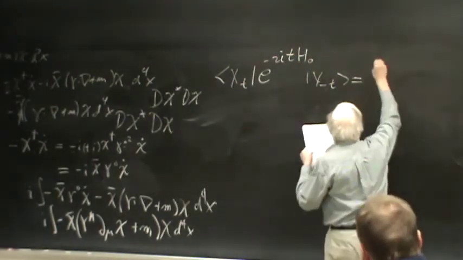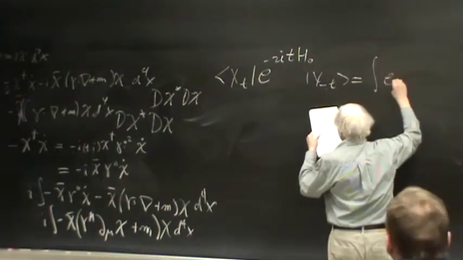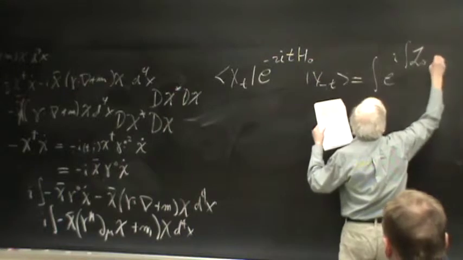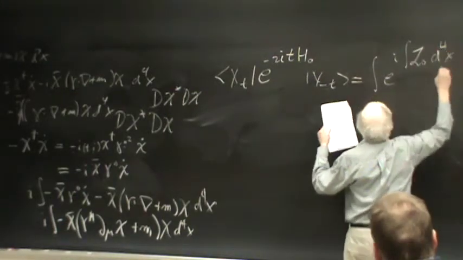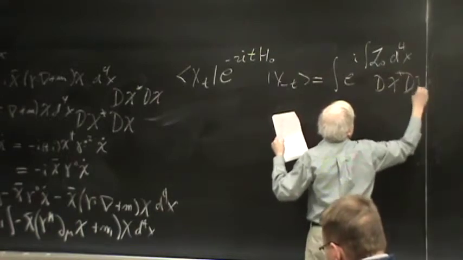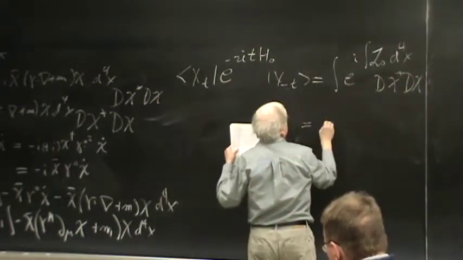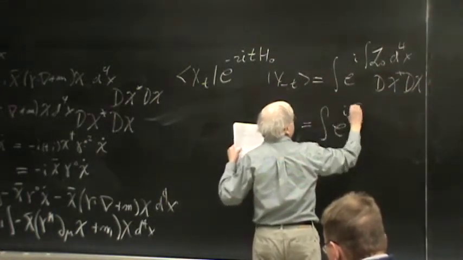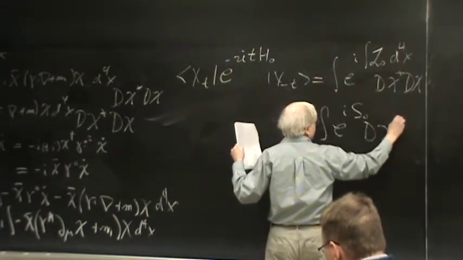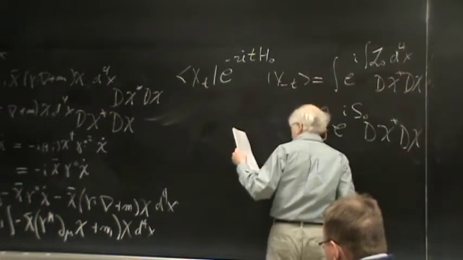This is then integral e to the I, and then this is just L0 Dirac d fourth x d chi star d chi, or equivalently it's e to the I S0 d chi star d chi.